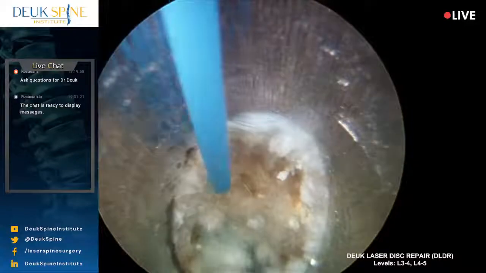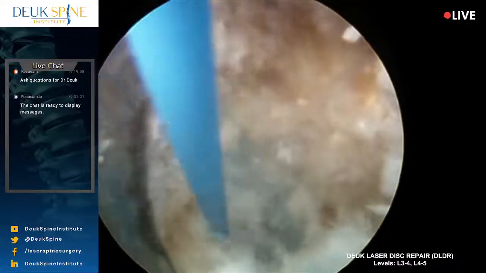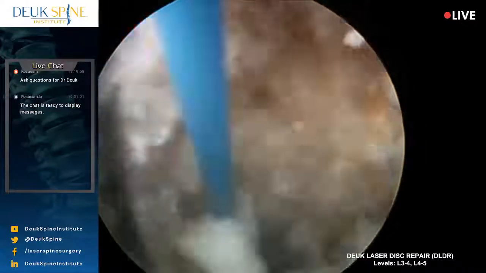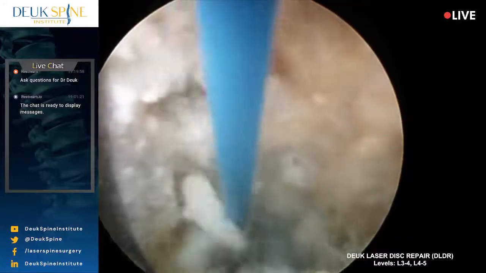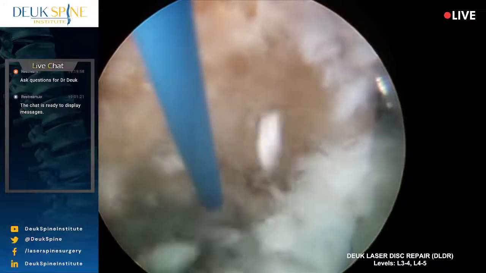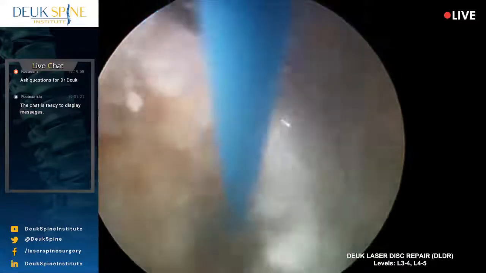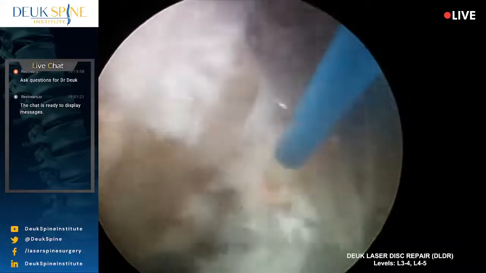Another piece of herniation there. Pretty badly damaged disc. Going to swing around and look here laterally. You see the torn annular fibers.